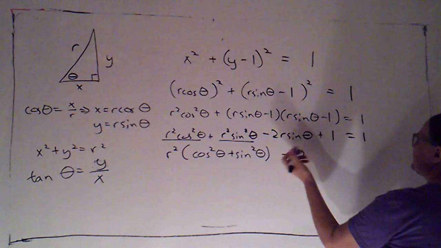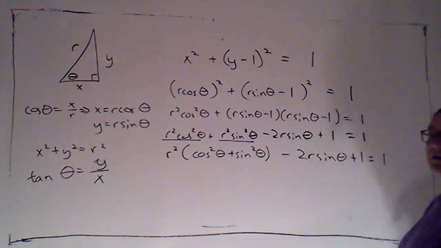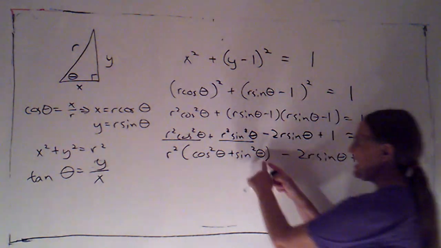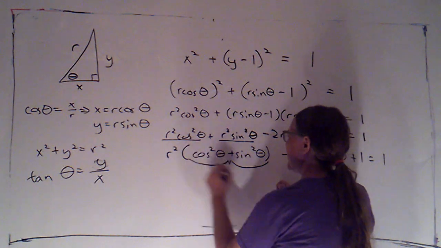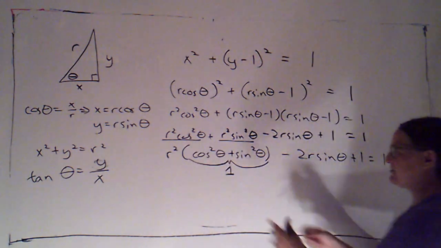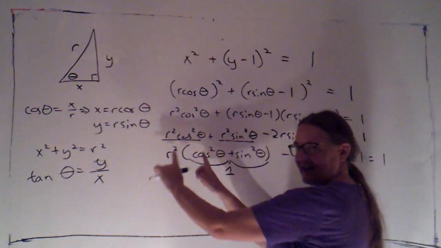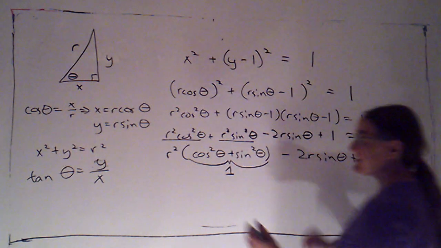Then of course I still have my other terms, minus 2r sine theta plus 1 equals 1. Okay. But cosine squared plus sine squared is just 1. So I want to be on the lookout for things like that. If I see cosine squareds and sine squareds, if they're multiplied by the same thing and added together, I can factor out that thing they're multiplied by, and that simplifies this a lot.